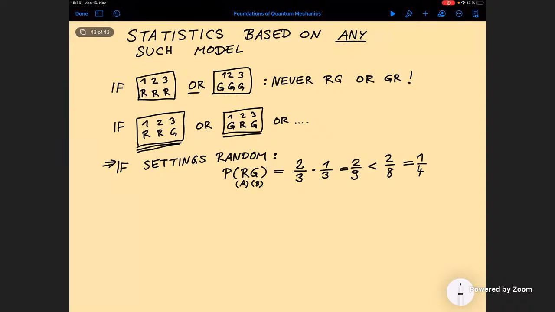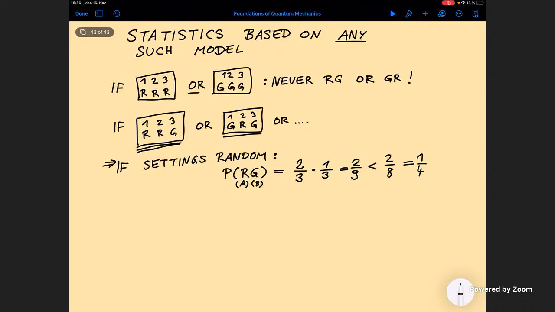If both colors are the same and we choose settings randomly, we never get different colors. We never get RG or GR. So the likelihood of getting that is simply 0. If, however, we have these other kinds of tables, we do sometimes get something like RG, but still at a probability less than 1/4.